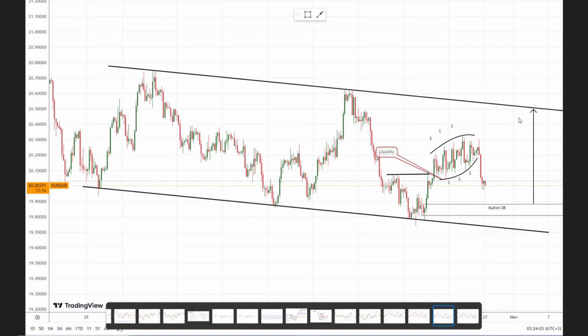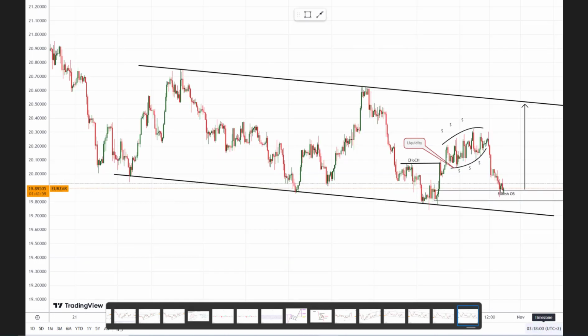So here's the market price right now. This is a place where I was looking to scale into long positions.